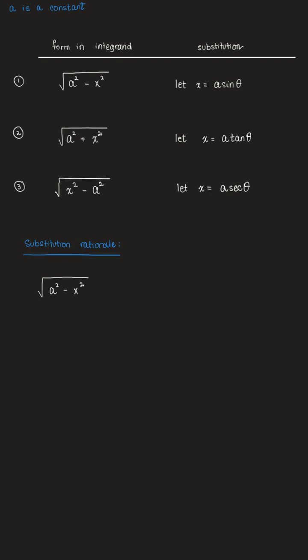Notice that above we said, if you have this form, we're going to let x be a sine theta. So let's see what happens when we make this substitution. When we make the substitution, here's our form. We'll have a squared, but now in place of x, we're going to put in a sine theta, and that expression is going to get squared.